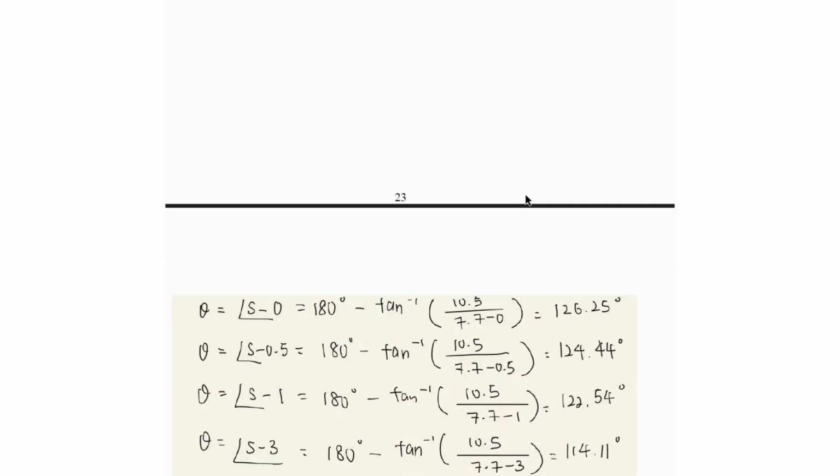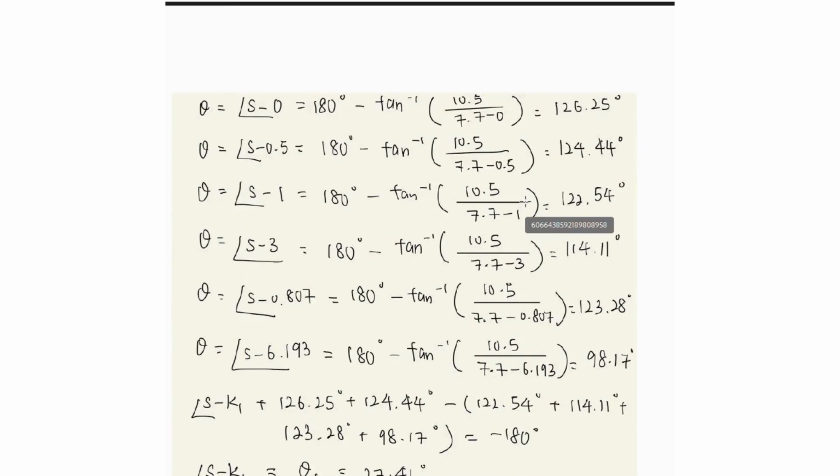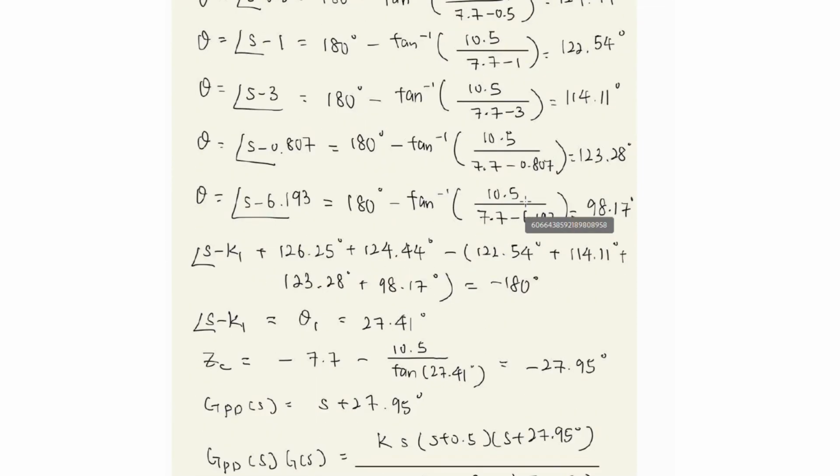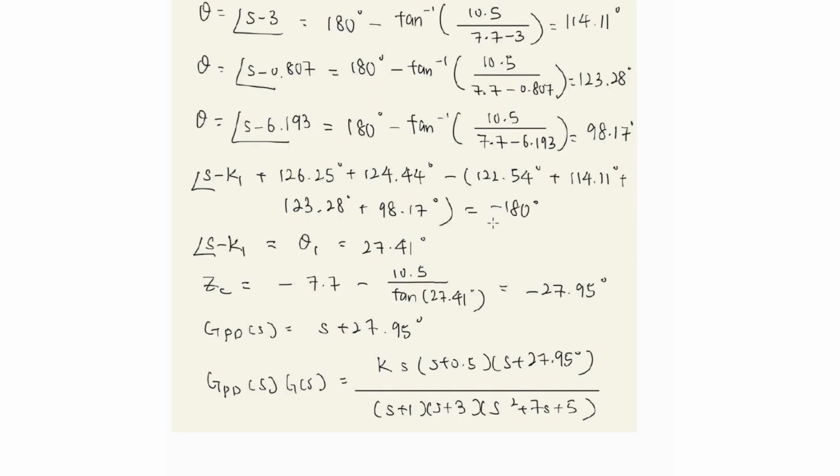So after calculating all this, we can get the transfer function for the PD controller is S plus 27.95, and the GPD(s) is equal to K times S times (S plus 0.5) times (S plus 27.95) over (S plus 1) times (S plus 7) times (S squared plus 7S plus 5).